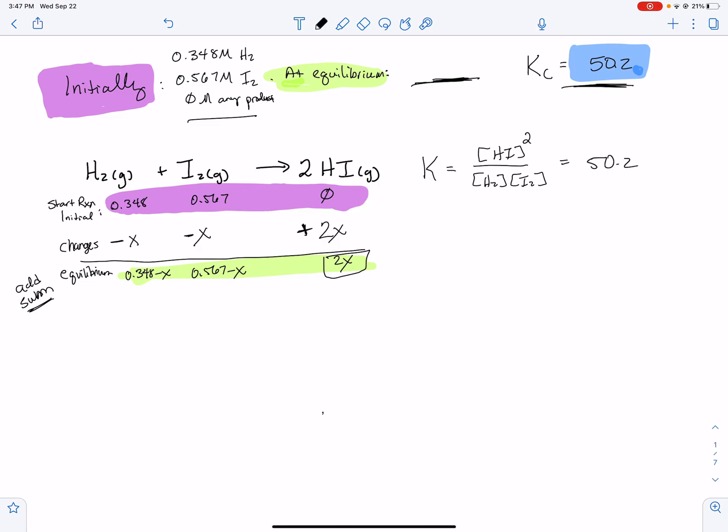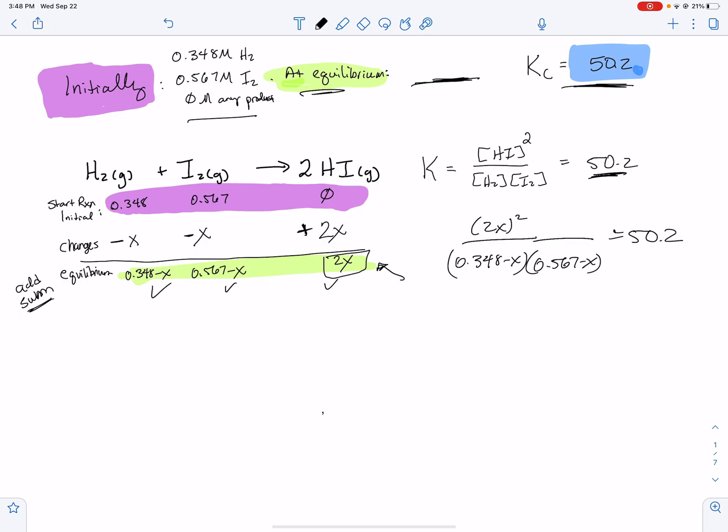Since I know what K is, I can plug this in, this in, and this in, and figure out what the equilibrium values are, because that's what it's having me solve for. So I can plug in 2x squared, and 0.348 minus x and 0.567 minus x.